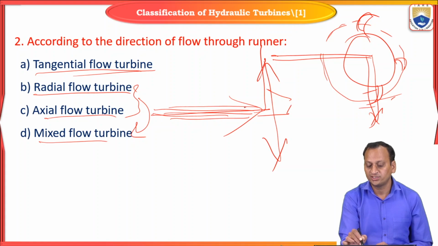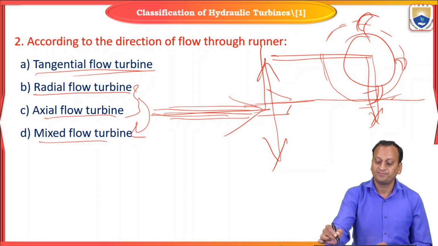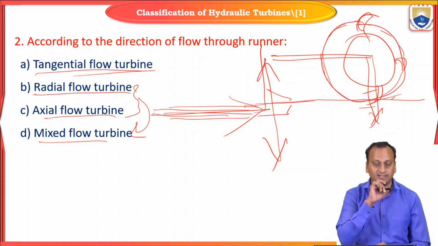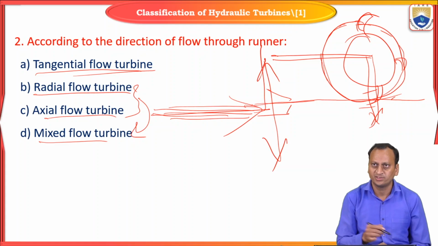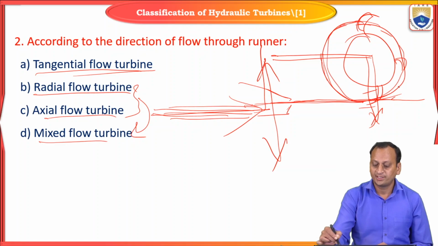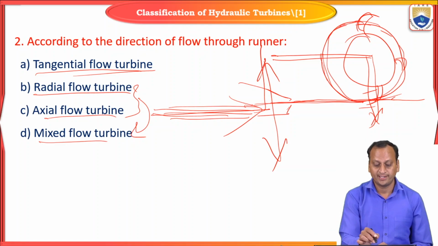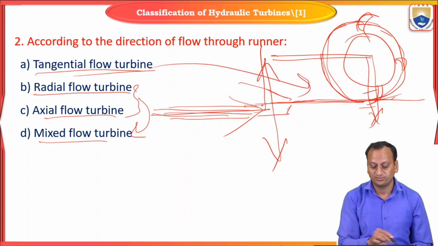The water coming out of a jet has its center tangential to the pitch circle, which is drawn from the centers of all the blades. That type of flow is known as tangential flow, because the center of the jet is tangent to the pitch circle. This is an example of tangential flow.